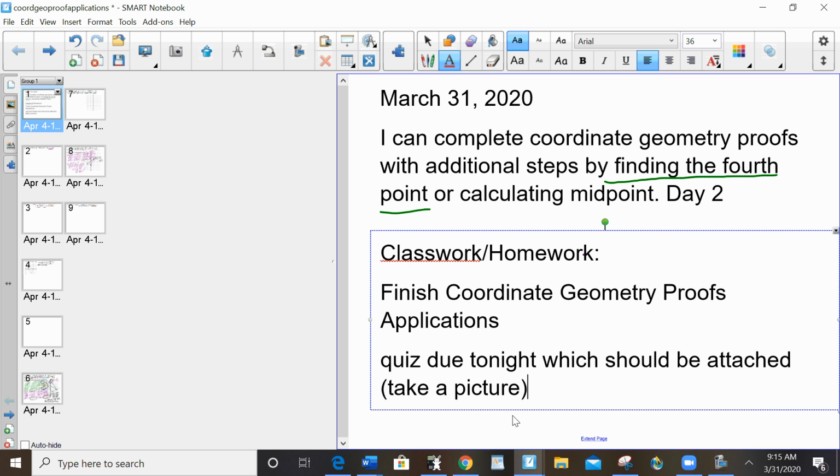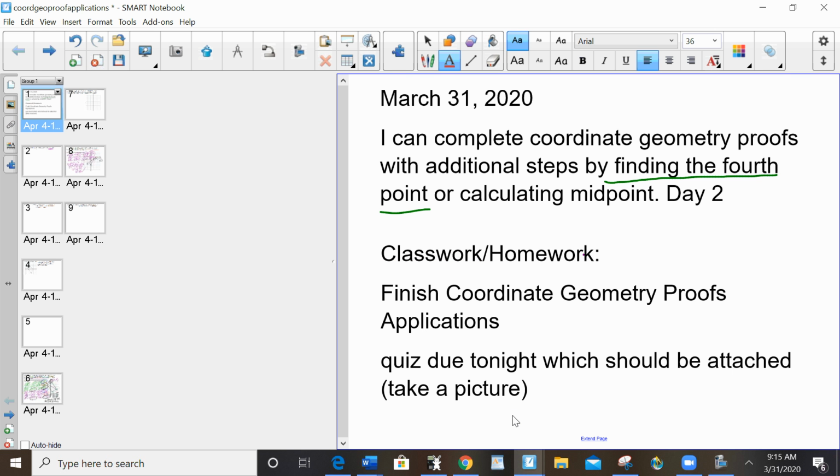Again, you can print it if you have a printer. If not, you can do it on a separate sheet of paper. You don't have to submit your graph paper if you don't have the graph paper to submit, or it's on a separate sheet, but all the work needs to be there.